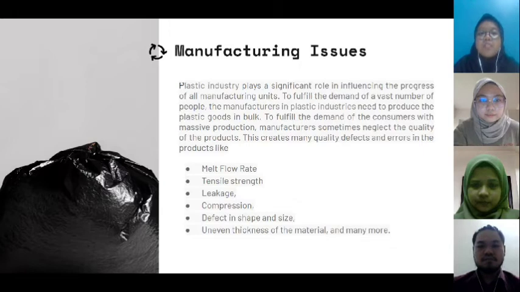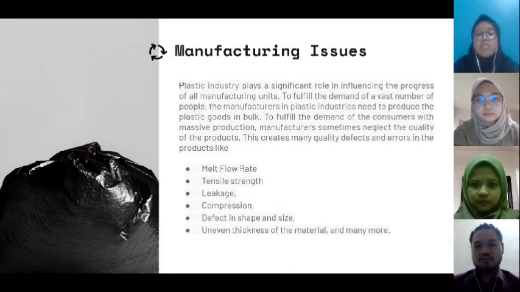Manufacturing issue. The plastic industry plays a significant role in influencing the process of all manufacturing units to fulfill the demand of a vast number of people. Manufacturers in the plastic industry need to produce plastic goods in bulk to fulfill the demand of consumers with massive production.